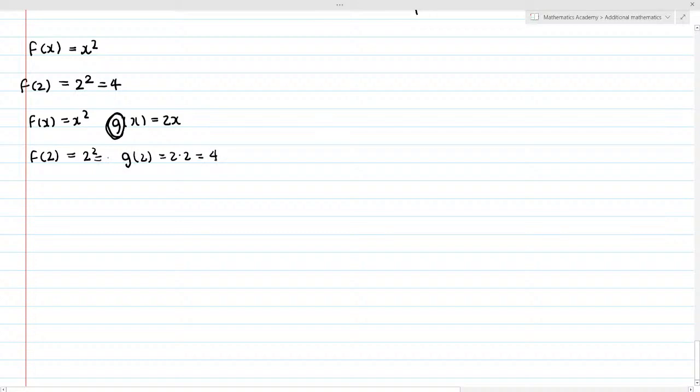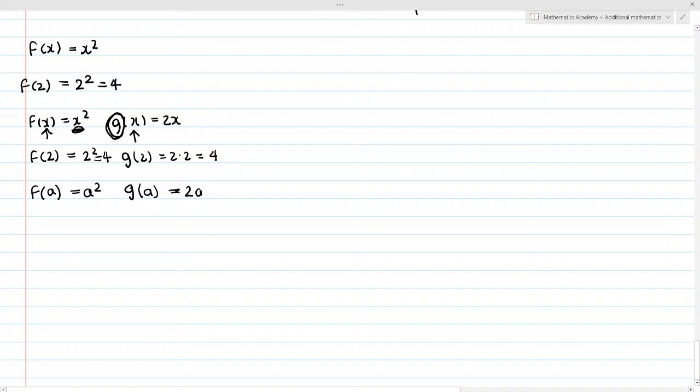That's also 4, but that's not the point. The point is that I can plug in anything to x in both cases, and all I need to do is replace the x on the right-hand side with whatever I plugged in here. So if I plug in a for x, then it's just a squared, and if I plug in a for x in g, then it's just 2a.